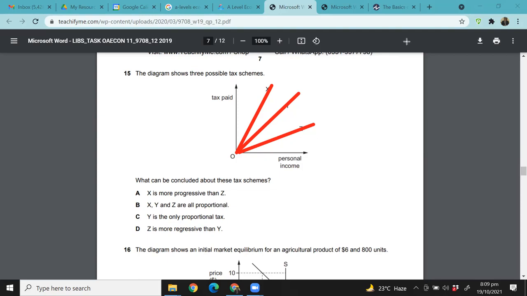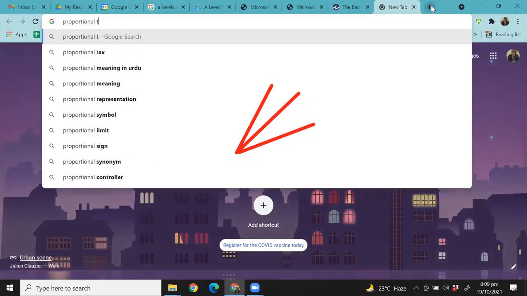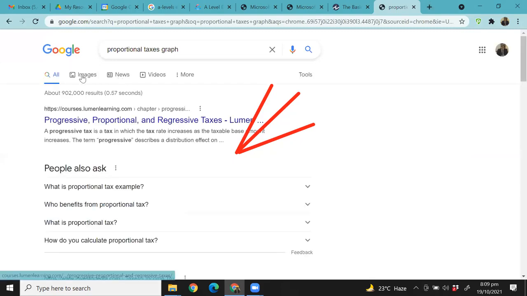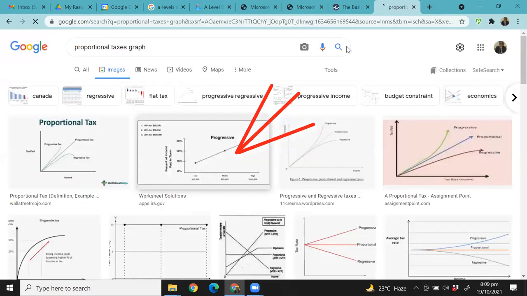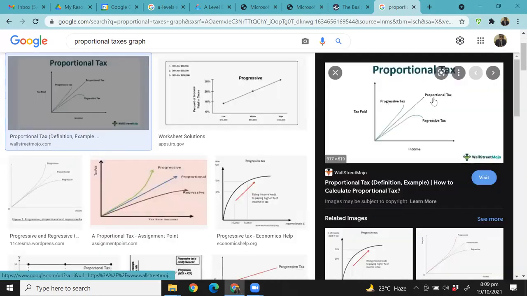Or we can just quickly Google. This is progressive, this is proportional, this is regressive.